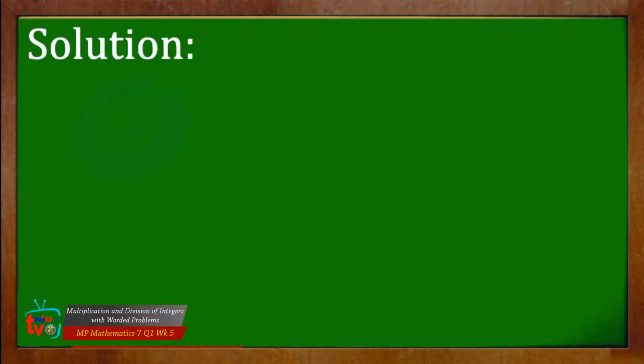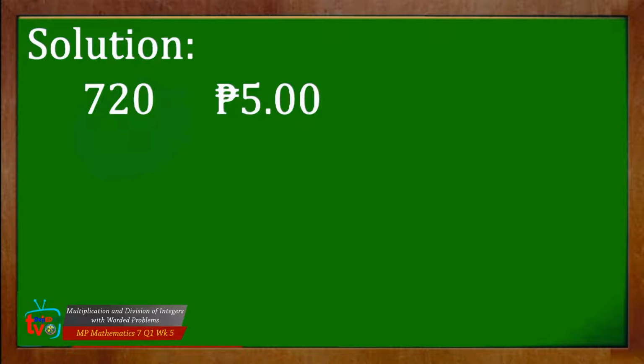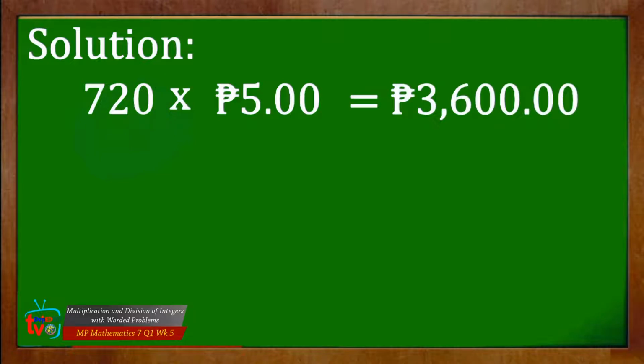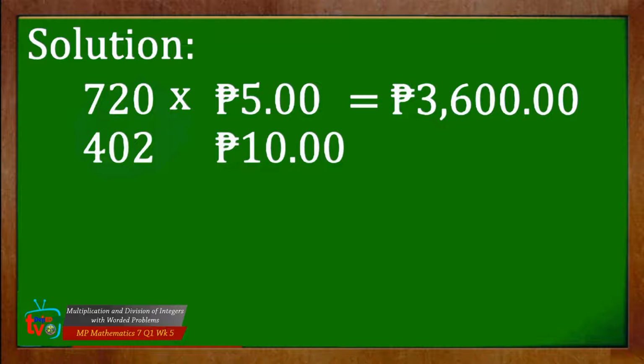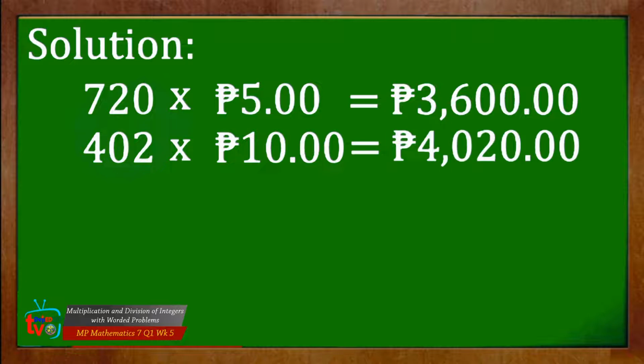Solution. There are 720 5-peso coins. To get the total amount, we will multiply it, resulting to 3,600 pesos. Next, there are 402 pieces of 10-peso coins. To know how many 10-peso coins, multiply 402 and 10, and the product is 4,020 pesos.